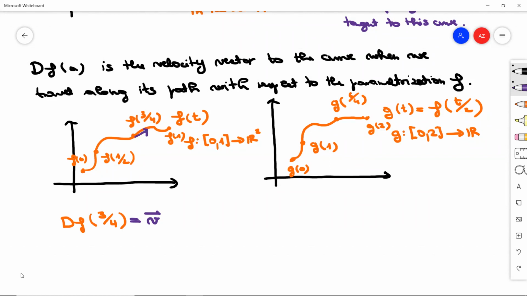It is tangent to the curve. And now my question is, this 3/4 corresponds to 6/4 in terms of g. What can you say about dg of 6/4? What is the connection between the derivative of f at the point 3/4 and the derivative of g at the point 6/4?